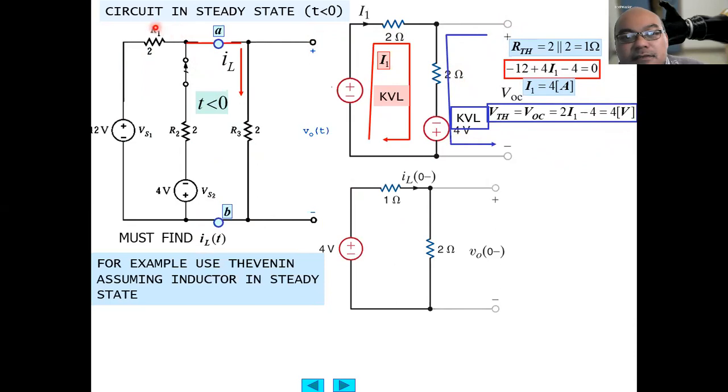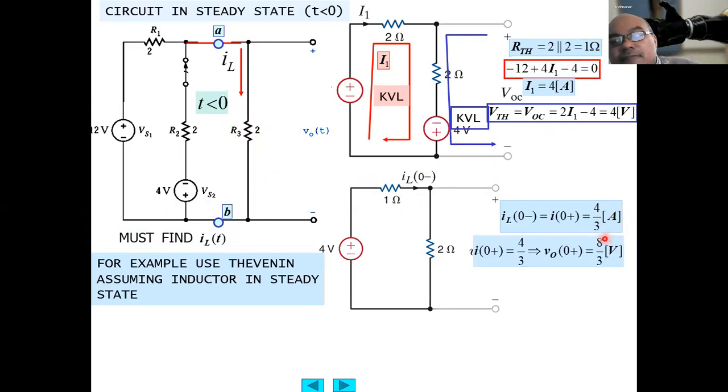So we replace the whole circuit on the left side of node AB as a Thevenin source of 4 volt with equivalent Thevenin resistance of 1 ohm, connected to the 2 ohm resistor. Then we can calculate the inductor current at 0, which is 4 volt divided by 1 plus 2, 4 over 3 ampere.